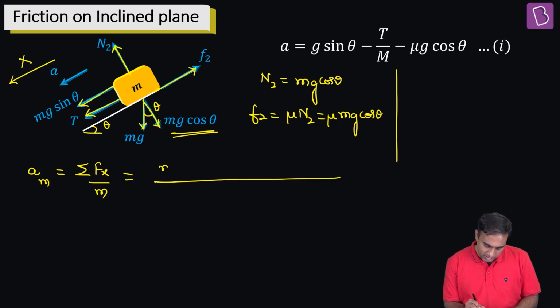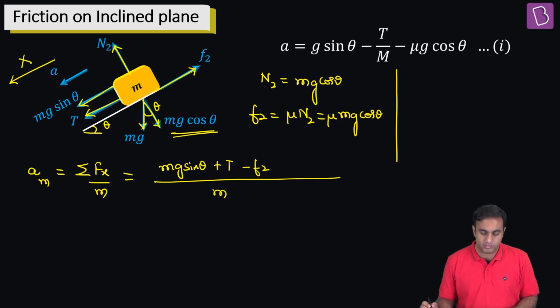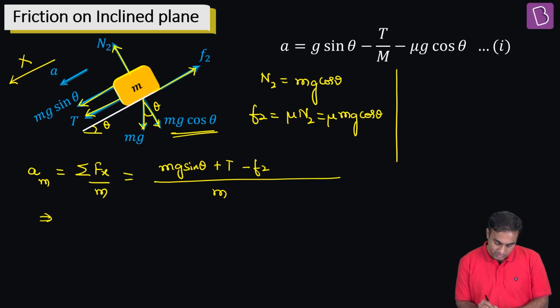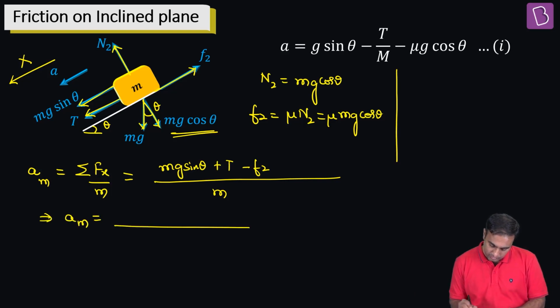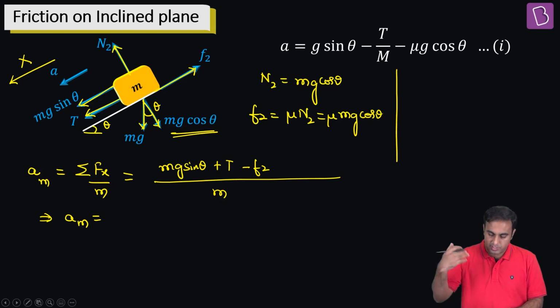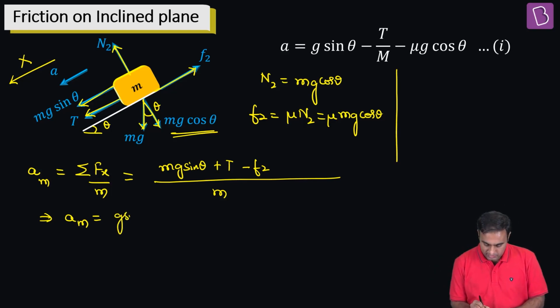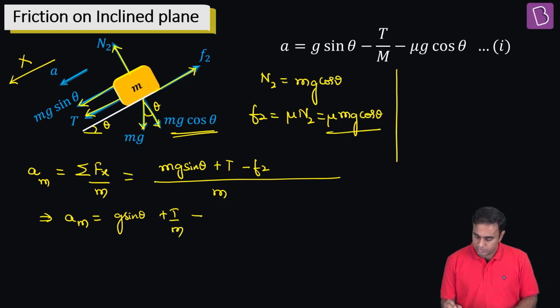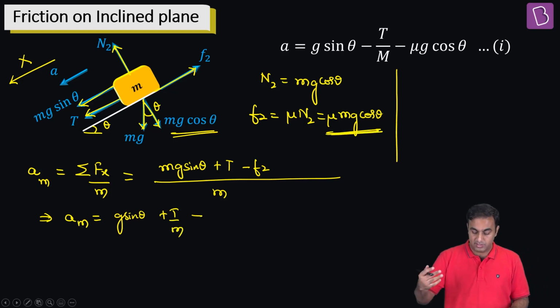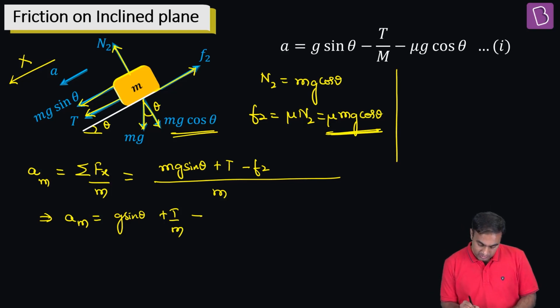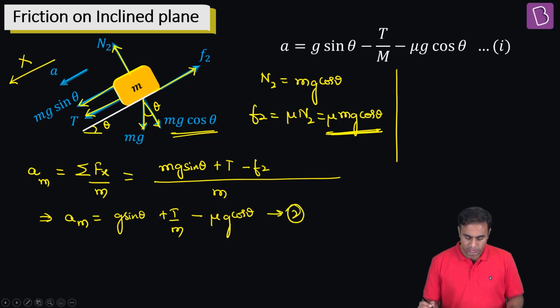We have mg sin theta plus T, and along negative x-axis minus F2, that divided by small m will give you acceleration. Now let us simplify. This will give you mg sin theta by m or g sin theta here, plus T by m, minus F2 is mu mg cos theta, that divided by m will give you minus mu g cos theta. Call this equation number 2 if you like.